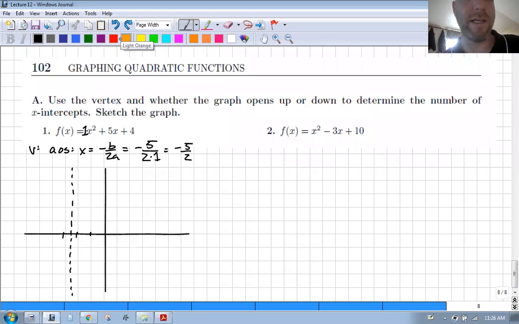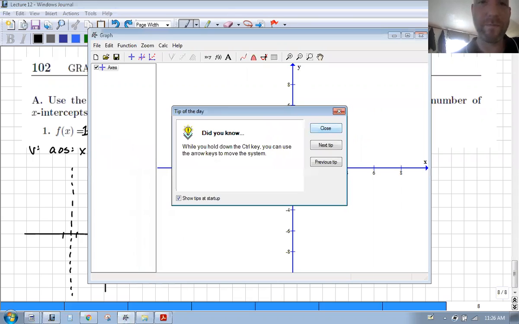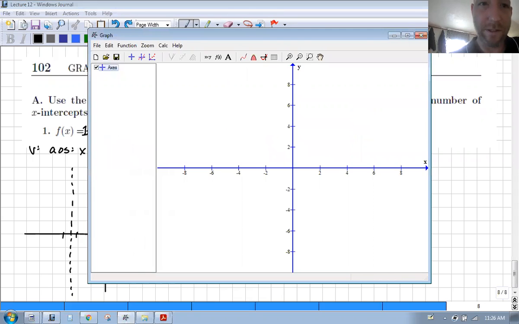And how many x-intercepts will there be? Well, let's graph this thing. X squared plus 5x plus 4. Let me cheat here. How do I add a function?